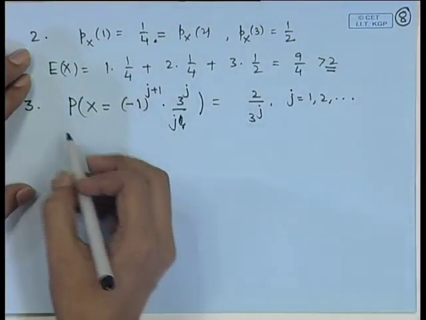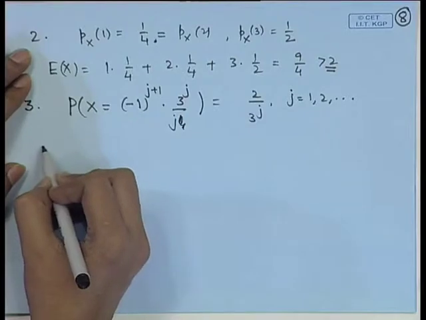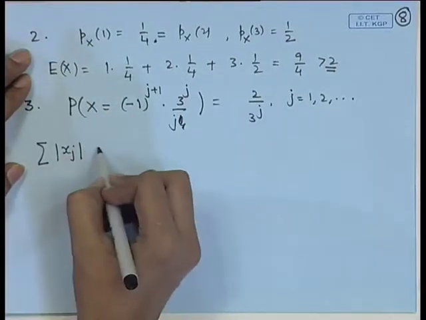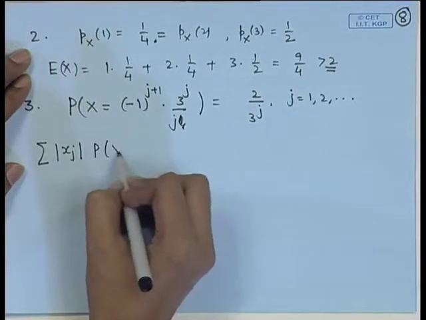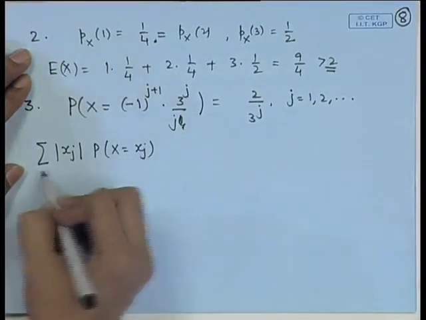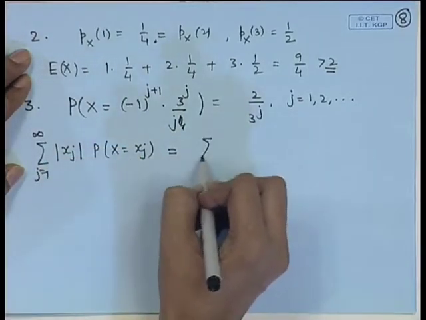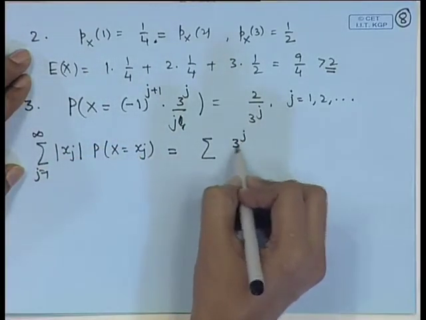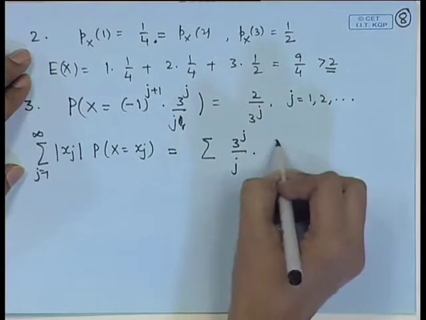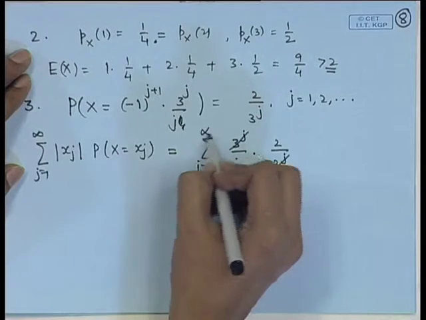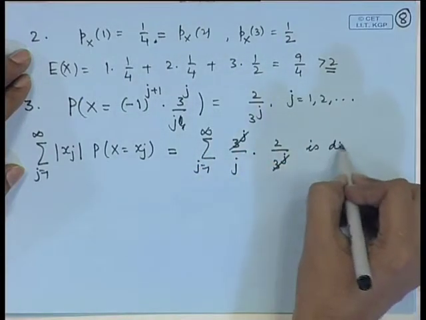Let us look at sigma modulus of x_j times probability x is equal to x_j, j equal to 1 to infinity. Then this is equal to sigma 3^j by j factorial times 2 divided by 3^j. Now, this is divergent.